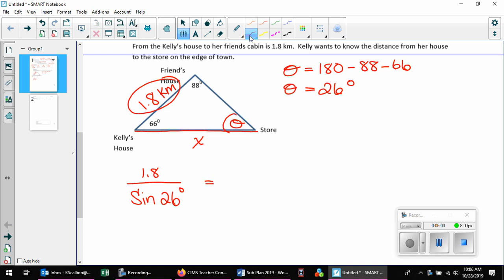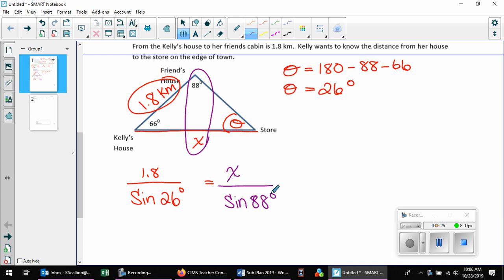I'm trying to find this side, and I know that its matching angle is going to be the one across from it. So it's going to be side x over sine of 88.